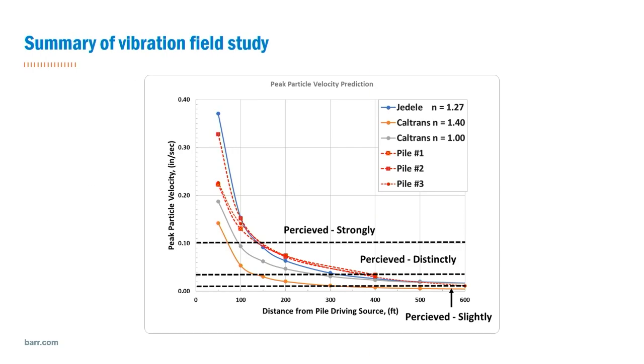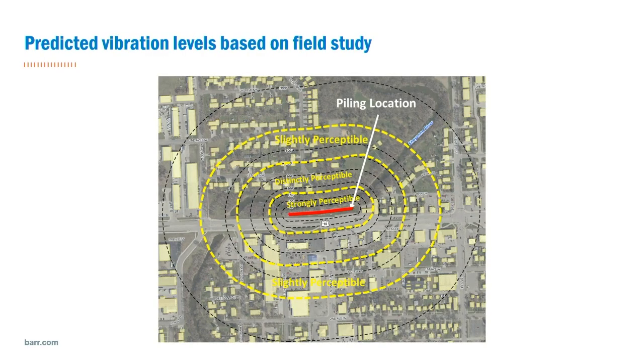So we took that data and we developed some correlations from the actual data we collected, compared that to correlations by a couple Caltrans and other investigators, and we developed a plan for how far away we think these vibrations were going to be perceived at our site. And from there, we were able to develop a map.